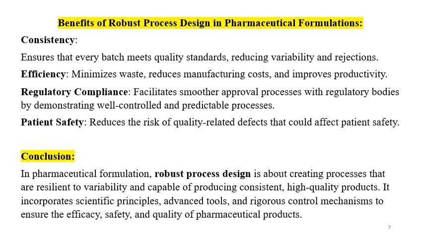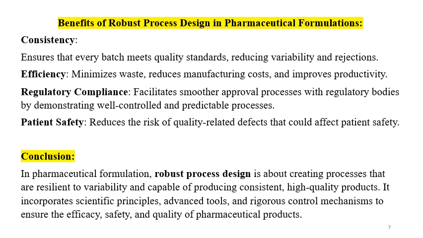Now coming to the benefits of a robust process. First is consistency. It ensures every batch meets the same quality standards. It reduces the variability and rejections. Efficiency is another benefit. Efficiency means minimizing waste, reducing the manufacturing cost, and improving the productivity and the yield.